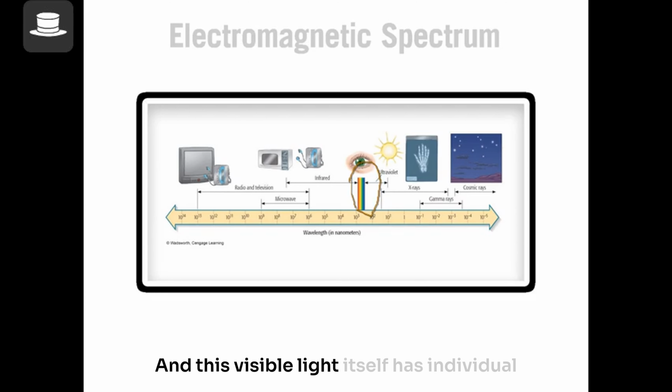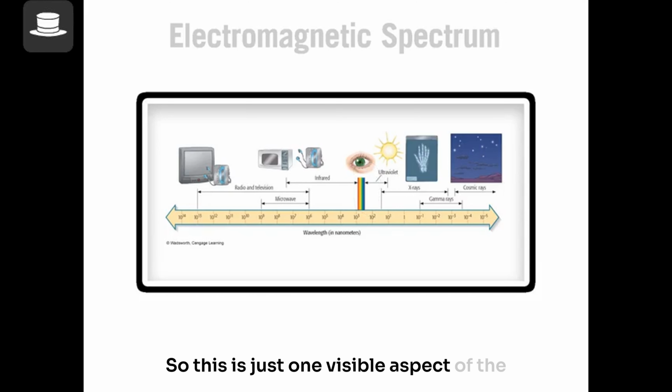And this visible light itself has individual wavelength components, which gives us the colors specific to the rainbow. So this is just one visible aspect of the electromagnetic radiation that we can perceive, but there is a lot more than what we can perceive.